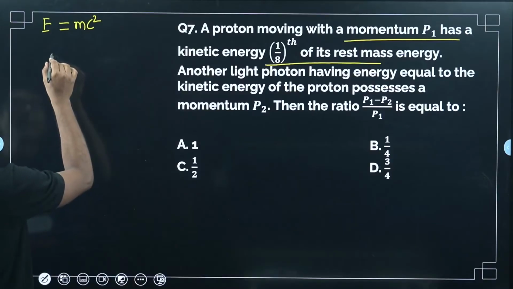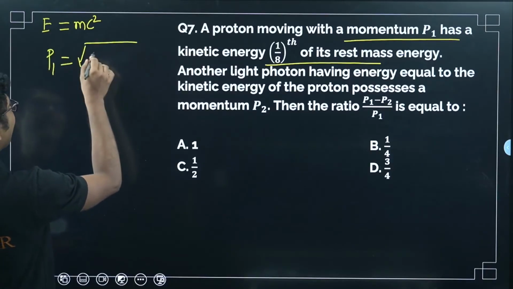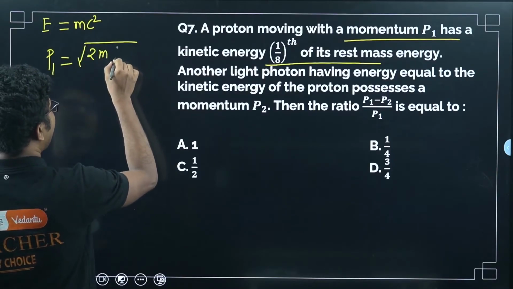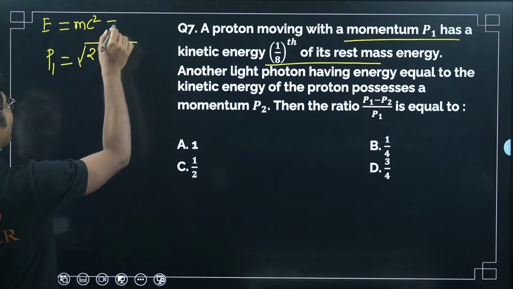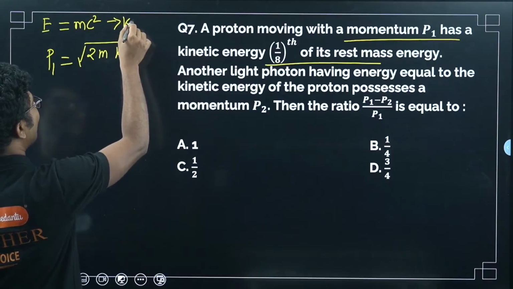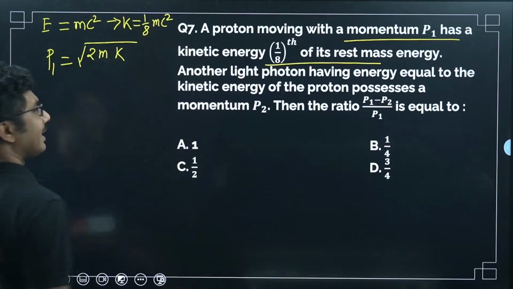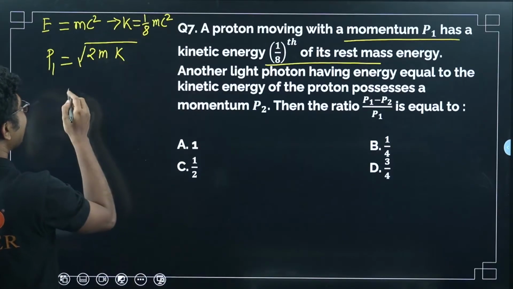So we know that momentum is nothing but root of 2m K, right? Now what is K here? K is 1/8 of rest mass energy, right? So rest mass energy is mc square, so kinetic energy should be 1/8 mc square.